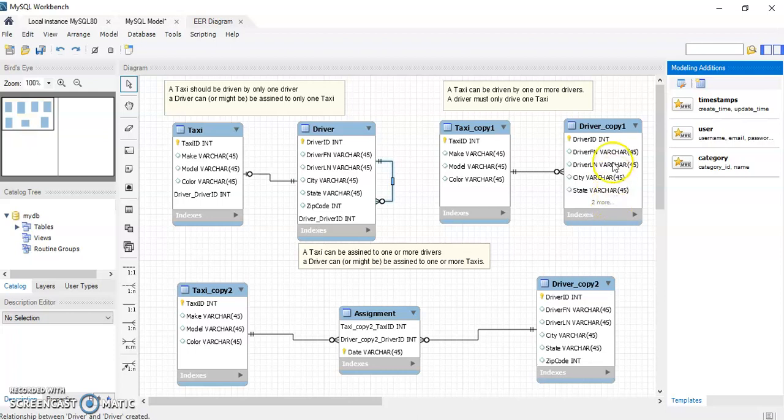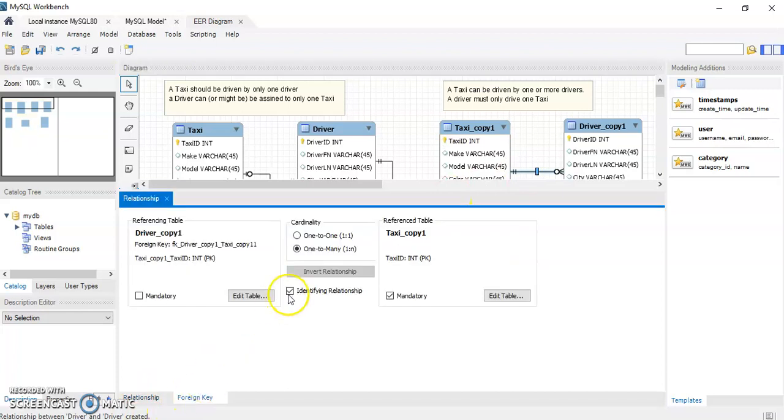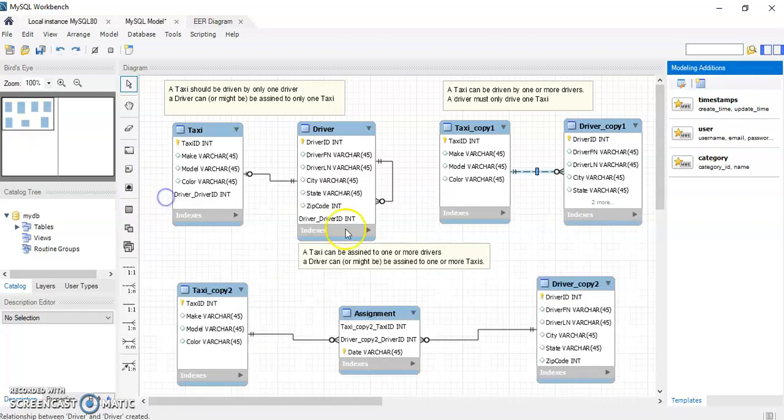As long as they have that, they're going to be kept in the database, and if they are needed, we're going to call them, etc. So we are keeping them in the database whether they have a taxi or not. So in that case, this relationship will be non-identifying, and we're going to go back to the foreign key and make this one non-identifying, okay?